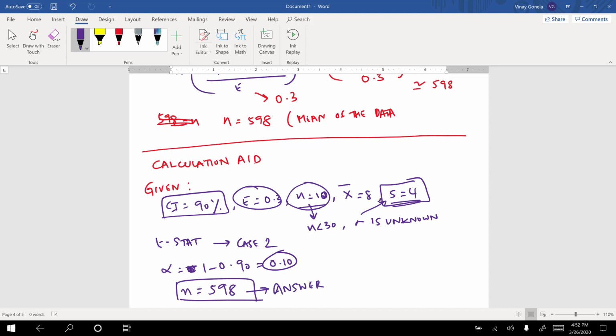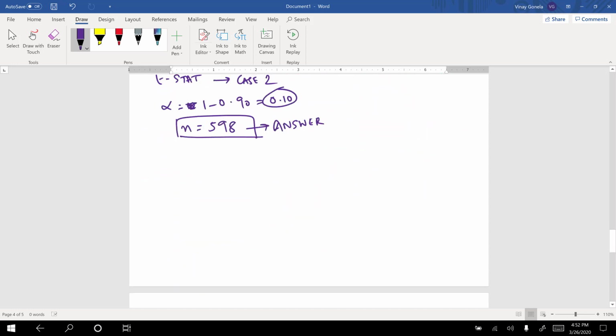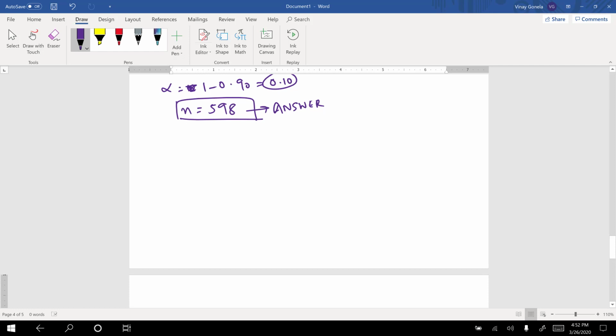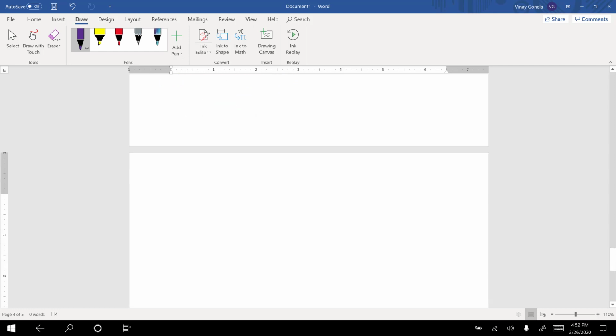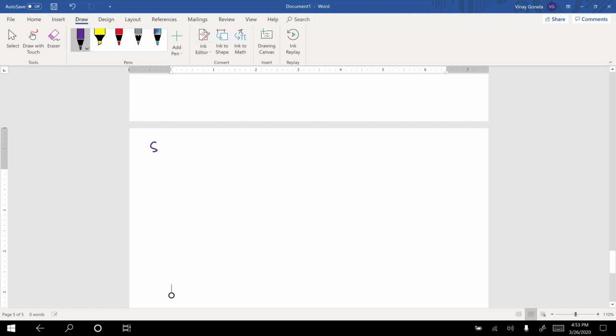So finally, I wanted to discuss the last part, which is proportions. So how do you calculate sample size for proportions? So I will do sample size for proportions.